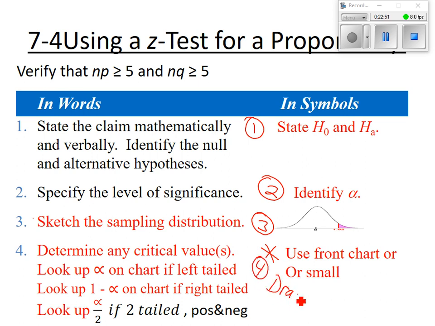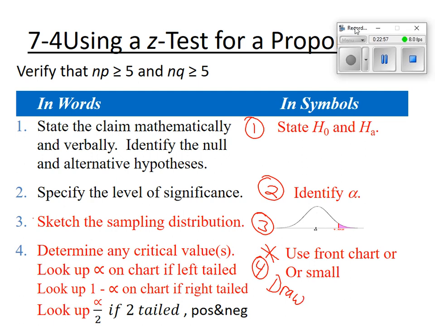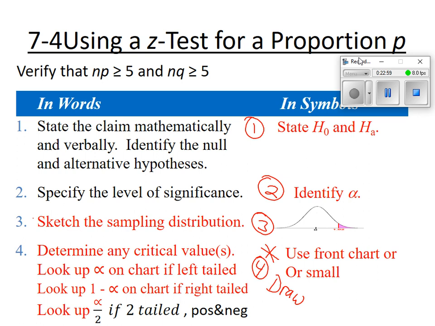Does that say for a proportion? Yeah, my fault. Remember this is the proportion P. So this is one where you're using P, and when we're doing P, what's our test statistic? P hat. One that a lot of people seem to miss on that.